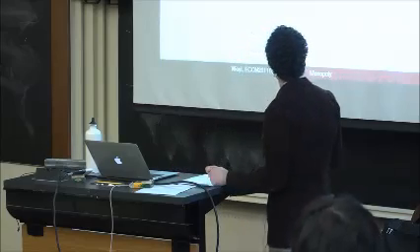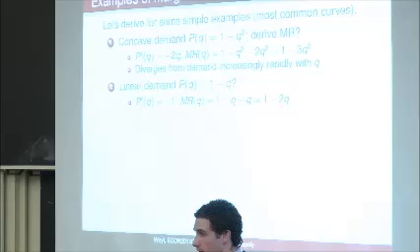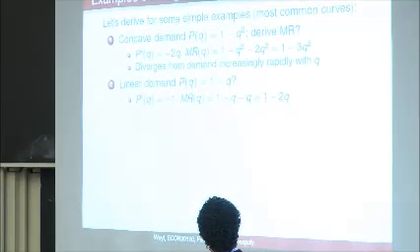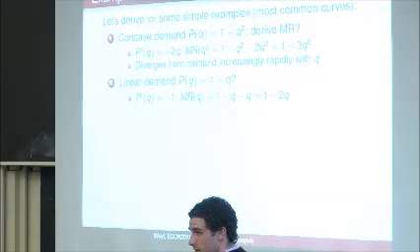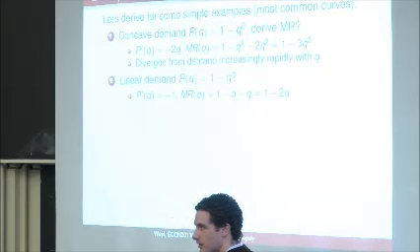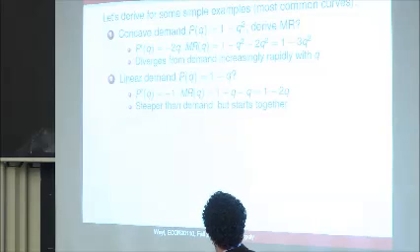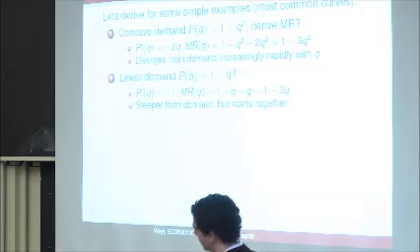So these diverge from each other, but they diverge at a constant rate because this is 1 minus Q, this is 1 minus 2Q. This is going to be twice as steep as this, right? And so they'll just diverge from each other at some constant rate. Okay. And again, these start at the same point just like they did here.